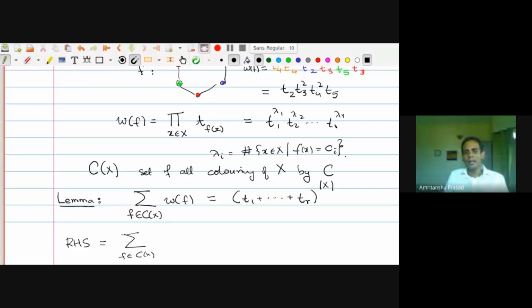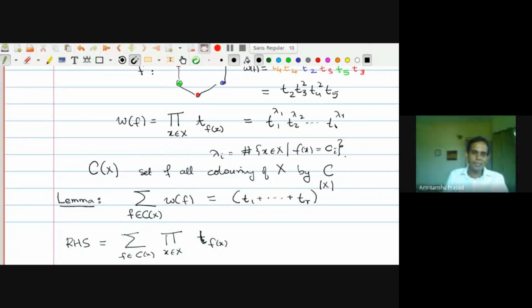So I'm choosing one element from each factor. If I choose ti from the factor corresponding to little x, then I will say that I have colored the element little x with the color ci. So this is the product over all x in X of t subscript f of x. I'm just choosing from each factor one of the variables t, and I'm doing this over all possible such choices.